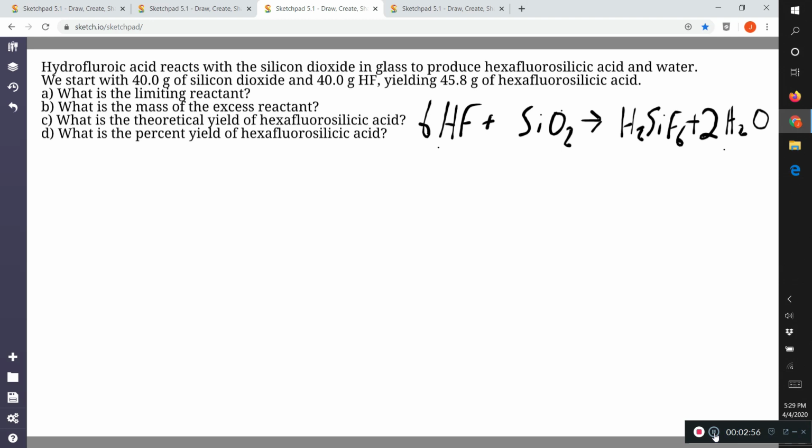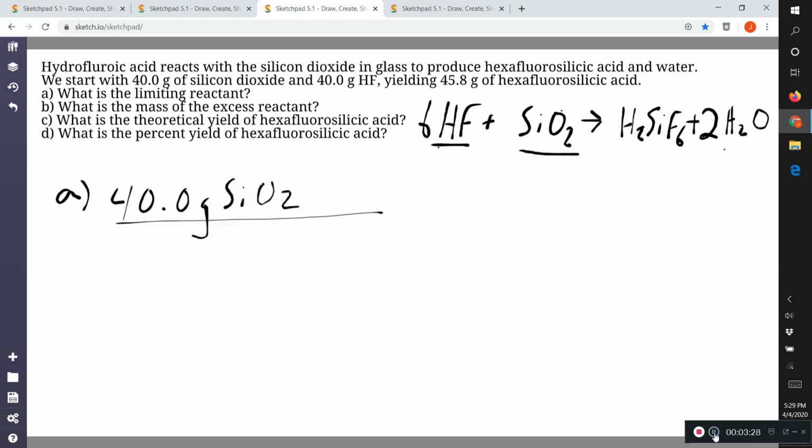So the first thing we're going to figure out is what is the limiting reactant. This is from last section. To figure out the limiting reactant, we convert both of the masses given for our reactants, hydrofluoric acid and silicon dioxide, into moles and then compare their mole ratio. So we have 40.0 grams of silicon dioxide, and we're going to convert that to moles.